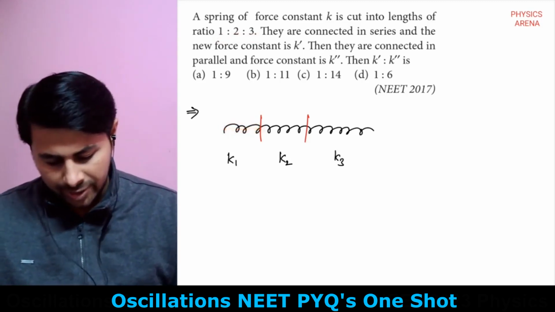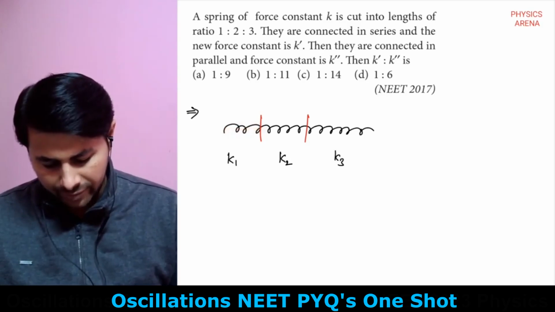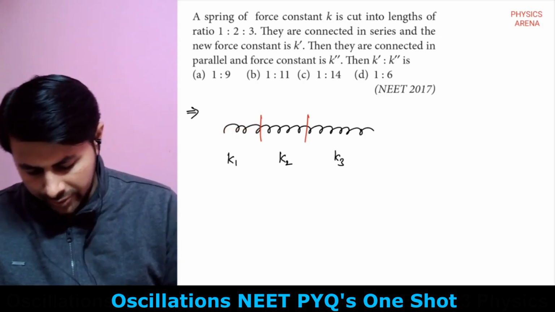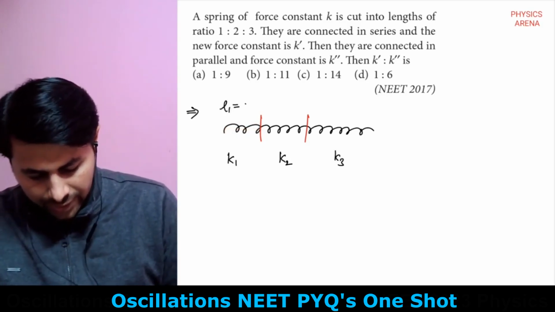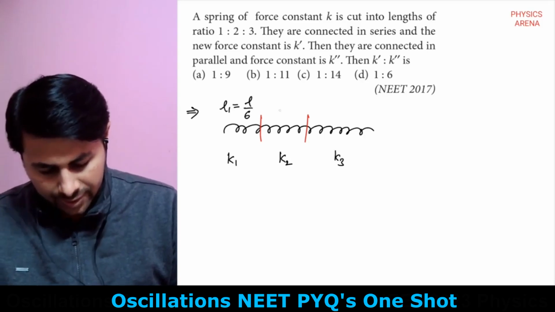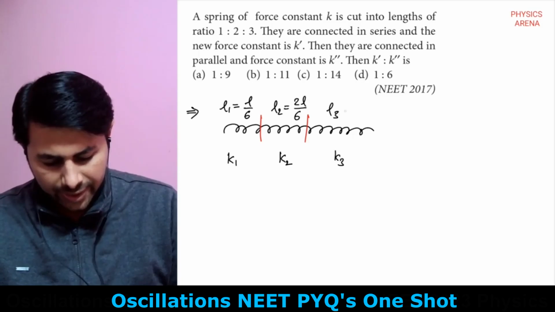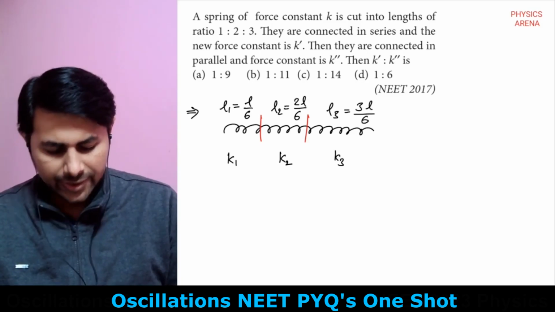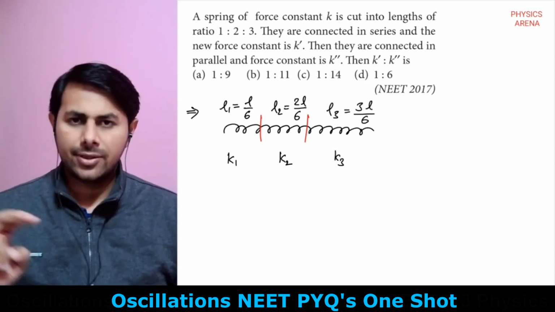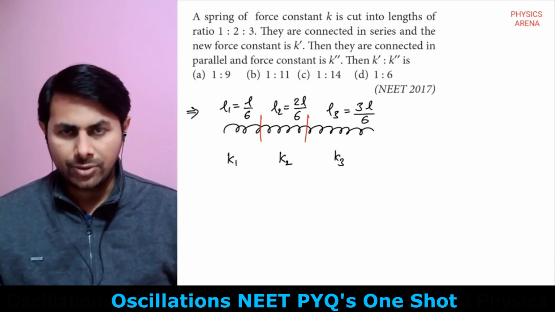That means the spring constant will be what? L1 equals L by 6, L2 equals 2L by 6, and L3 equals 3L by 6. Spring constant is inversely proportional to length.